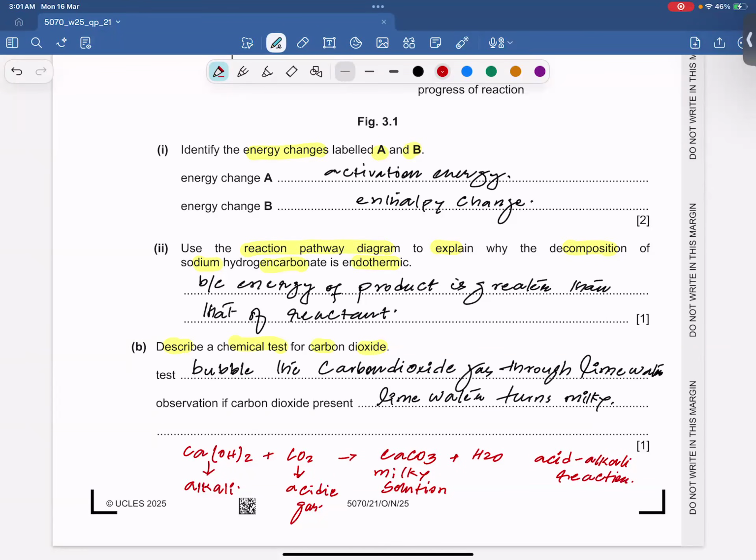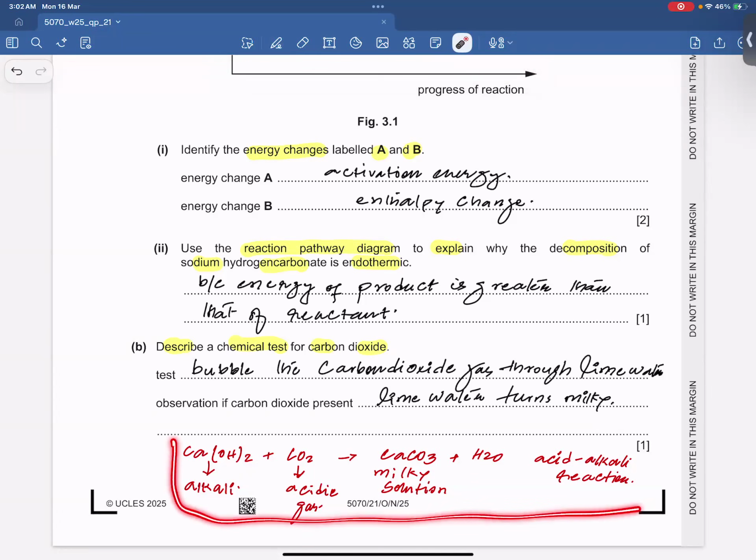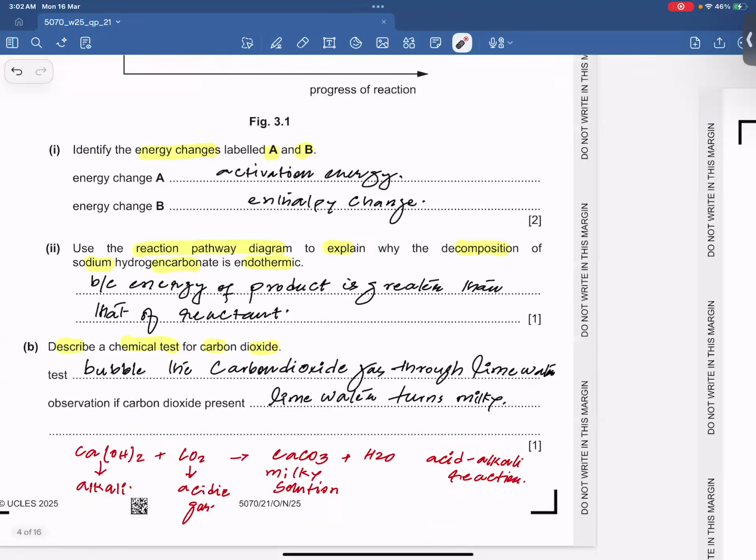All right. This is extra information related to this concept. Though the examiner is not asking this question here, for in-depth analysis, I'm sharing this information with you. All right. Let's move on to the next part of the question.